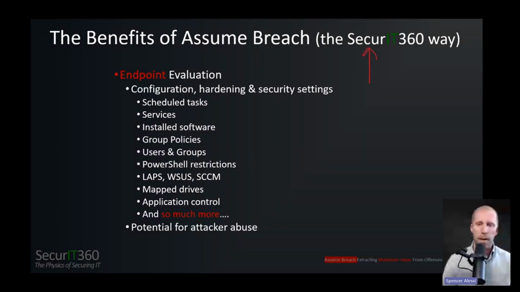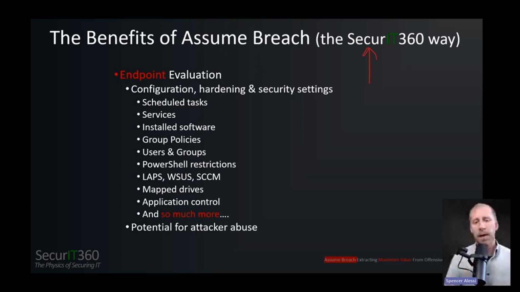LAPS, WSUS, SCCM, these are all things to harden and configure endpoints, and those are many times misconfigured. There's a number of things that we look at in the endpoint evaluation portion of the engagement. When I talk to clients, I like to call it a 120-point inspection, right? It's like when you get your car inspected, a 120-point inspection.